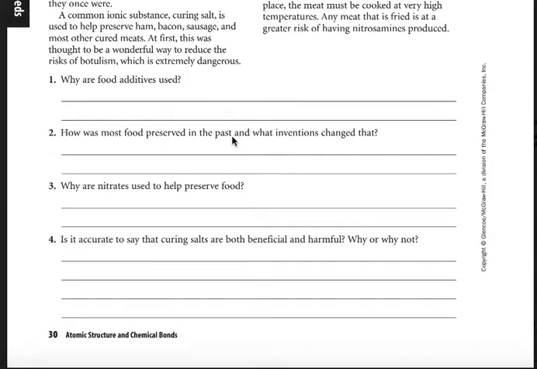Number four, is it accurate to say that curing salts are both beneficial and harmful? Why or why not? You'd probably say yes, because curing salts are both beneficial and harmful. They help prevent bacteria from growing, but they can also cause a chemical reaction to take place, which creates nitrosamines, and nitrosamines have been found to cause cancer, or are carcinogens.